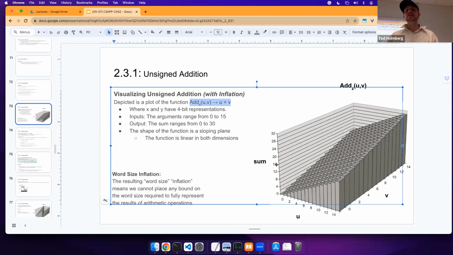And so here clearly sum is outside the 4-bit word count size of both u and v. And so this visually represents how we've inflated the size of our vector based off of our two independent axes.